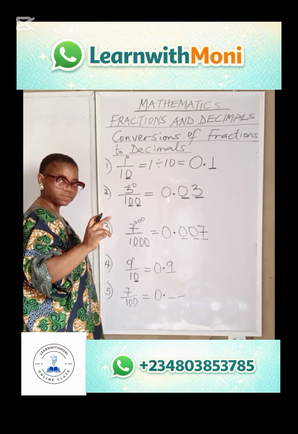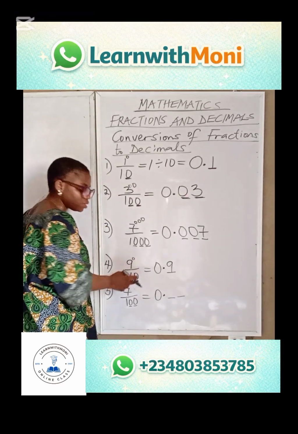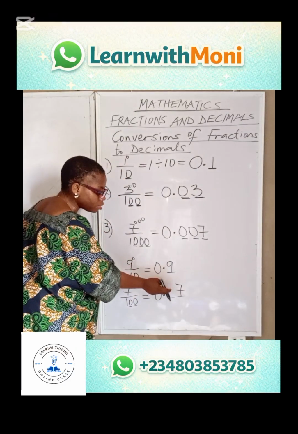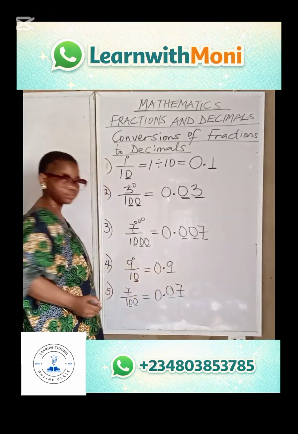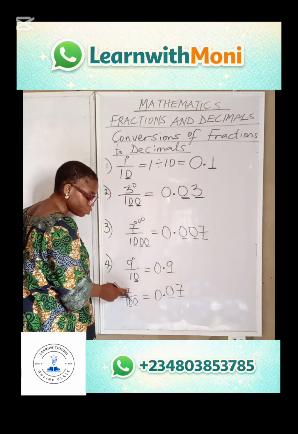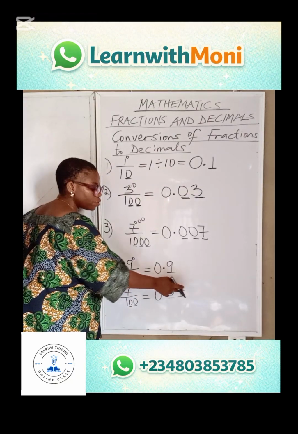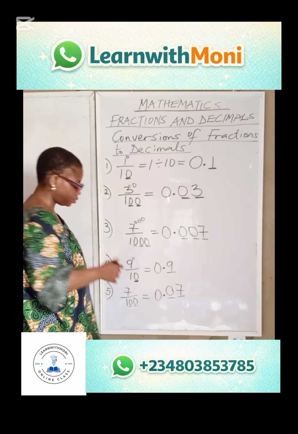And those 2 digits are going to contain the numerator. This numerator is 7. I will write it at the far end. So this empty space, what am I going to write there? I will insert 0. So 7 over 100 is equal to 0.07.